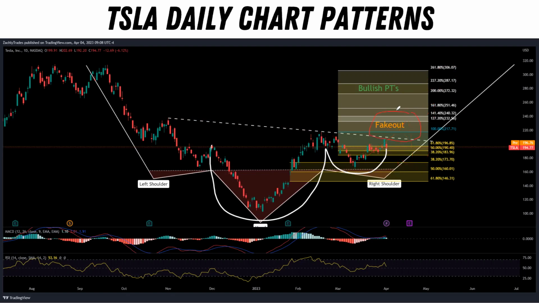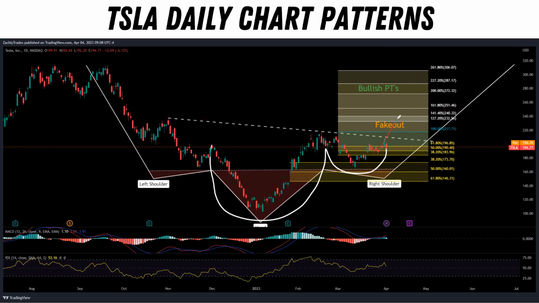Essentially bulls are presented the full opportunity right here to really push Tesla up higher and try and hit those bullish price targets of 250, even all the way up to 300, on an inverse head and shoulders breakout.